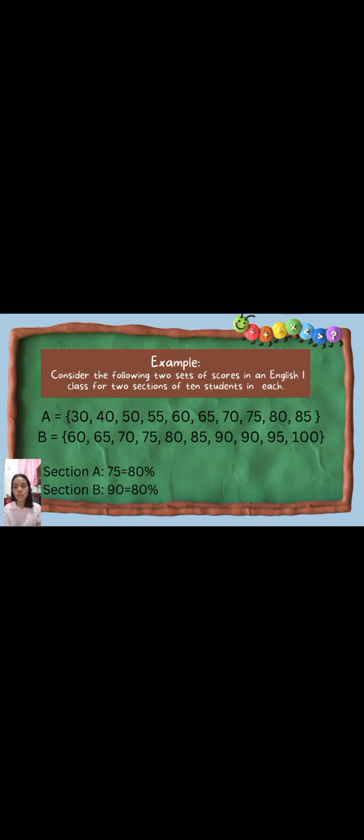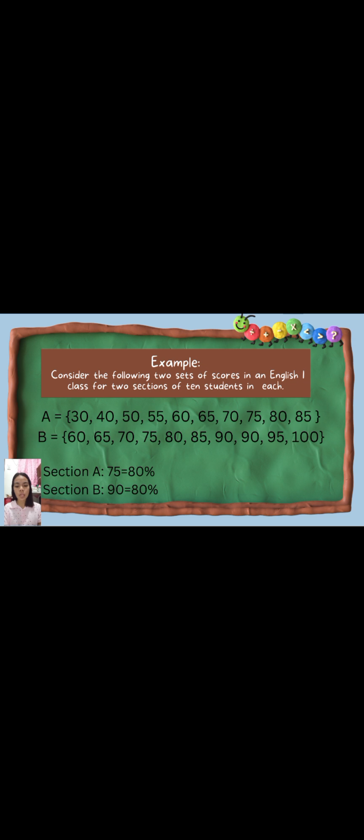So, in section A, since they only have 10 students, the 80% of the score is 75, while in class B, the score is 90.